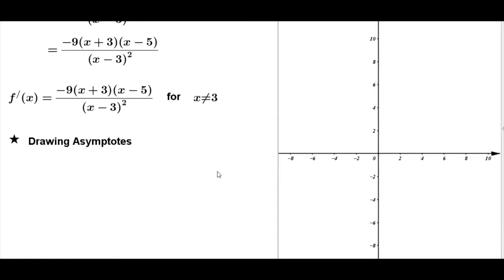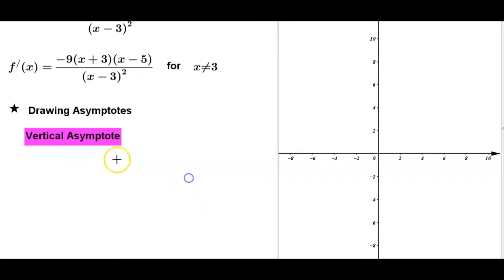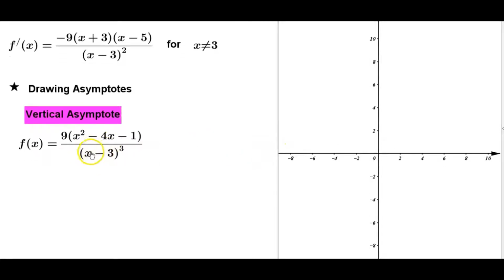The graph, now we investigate the asymptote. Two types of asymptote. One is vertical asymptote, the other one is the horizontal asymptote. Now vertical asymptote. So how to get the vertical asymptote? This is the function we are given. f(x) is equal to 9(x squared minus 4x minus 1) over (x minus 3) to the power 3.